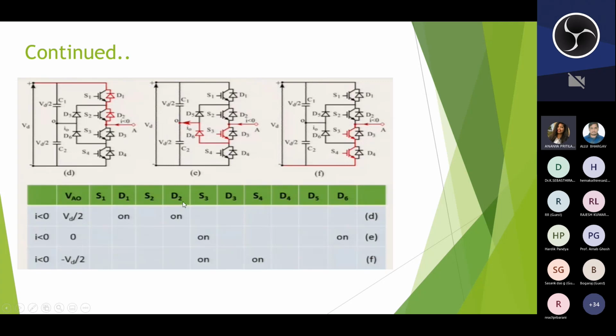And at this instant, again the current will be negative, but the voltage will be 0, with the switching devices S3 and D6 on. Similarly, here the current will be negative and will flow through S3, S4.